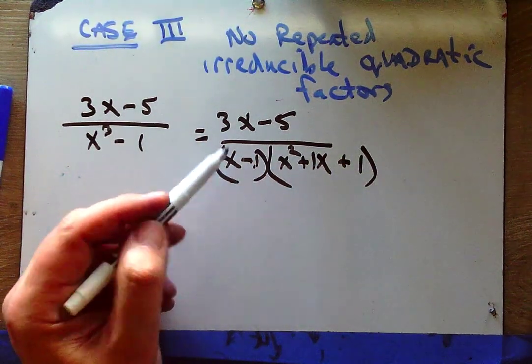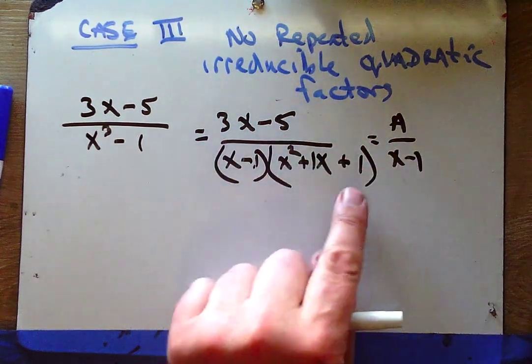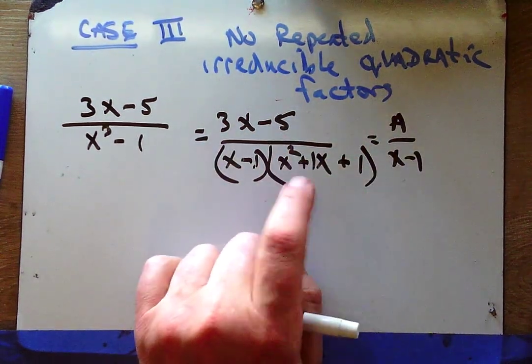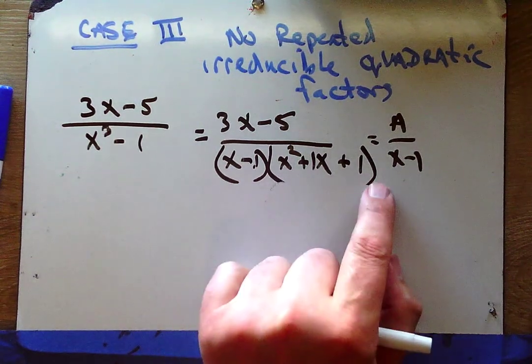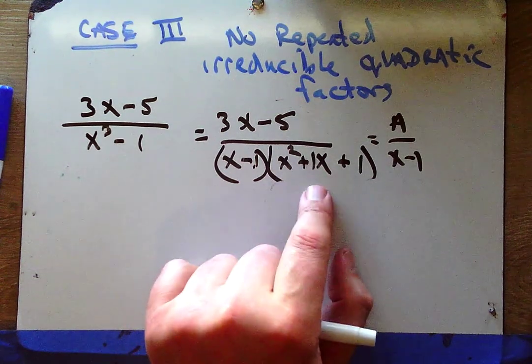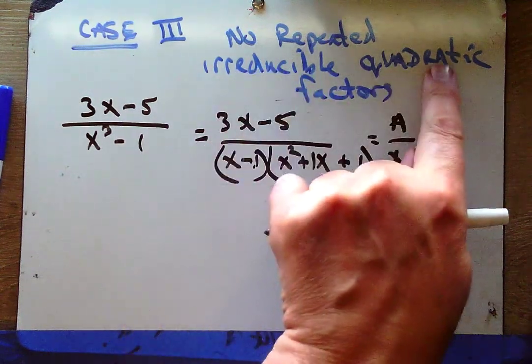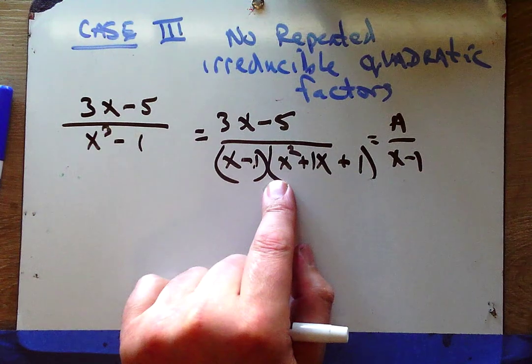And that, no problem, a over x minus 1. But this, yeah, that's a problem. Because remember when we were doing the factoring, I said this only factors with imaginary numbers. So we're calling this an irreducible quadratic because we can't factor this with real numbers.